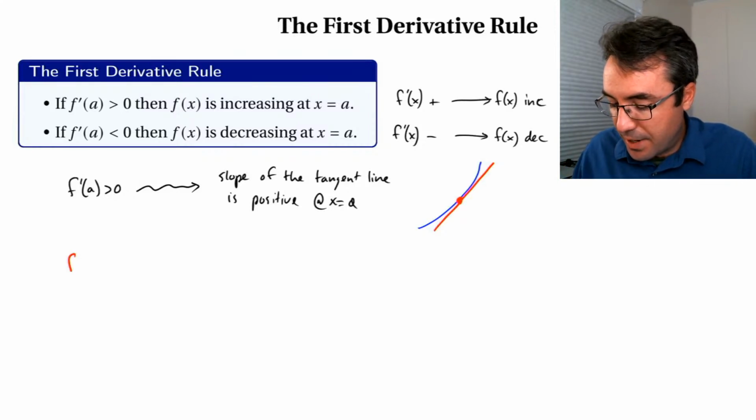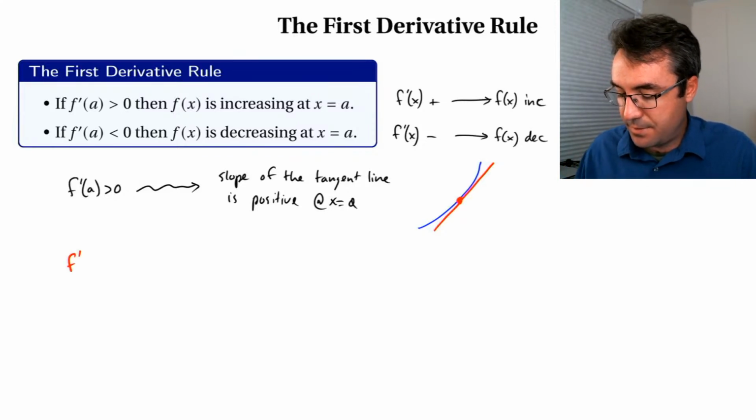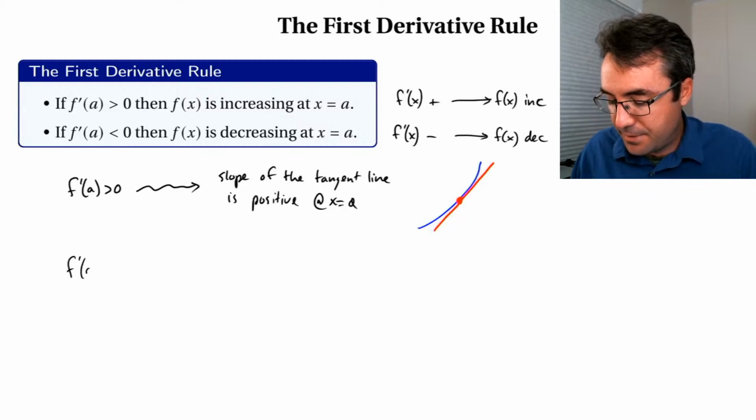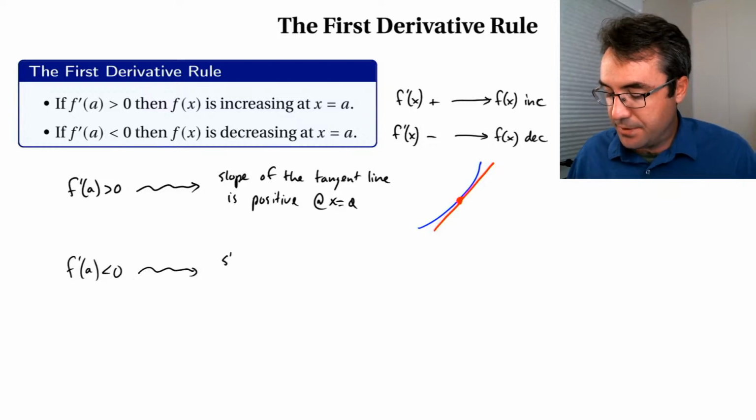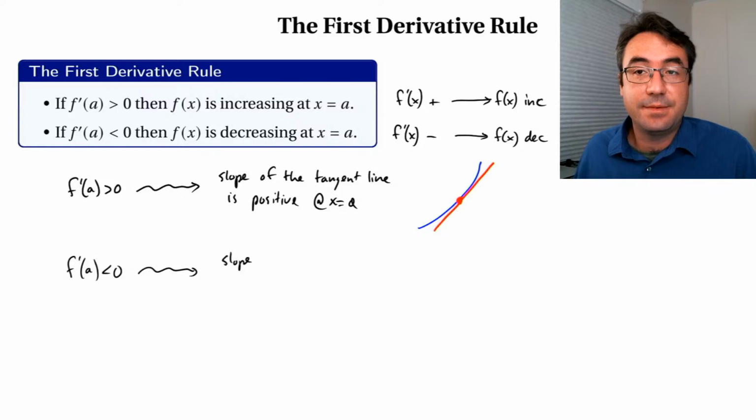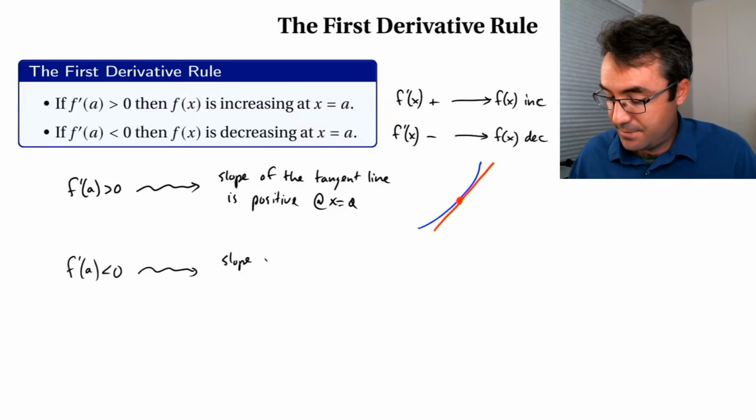Same thing if f prime is negative. So if our derivative is negative, then the slope of the tangent line is negative. That's what the derivative means. The derivative is just giving us the slope of the tangent line.